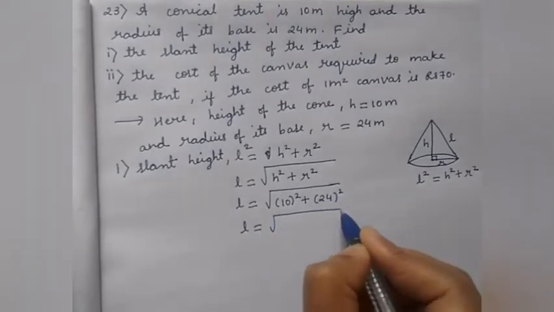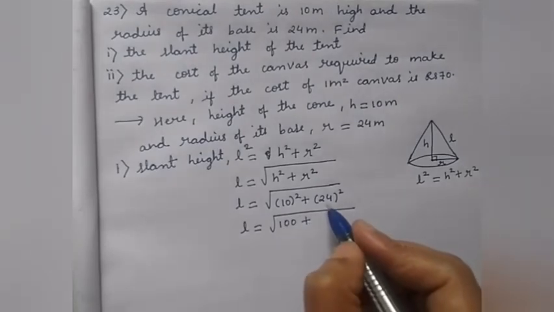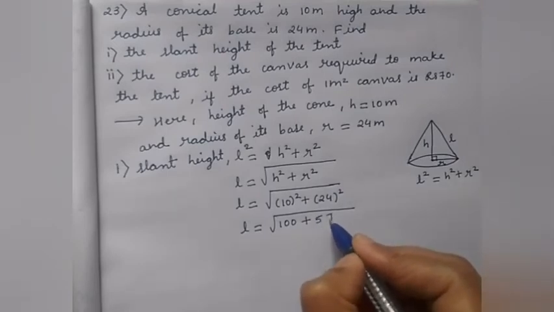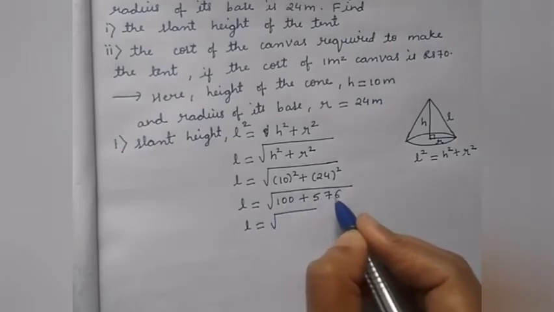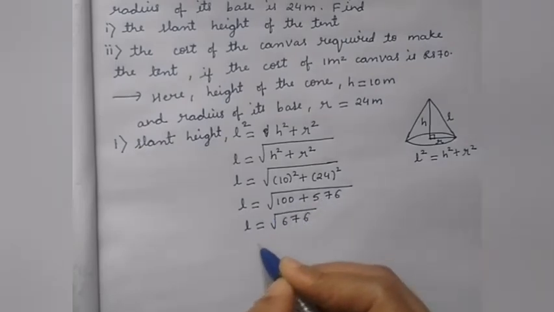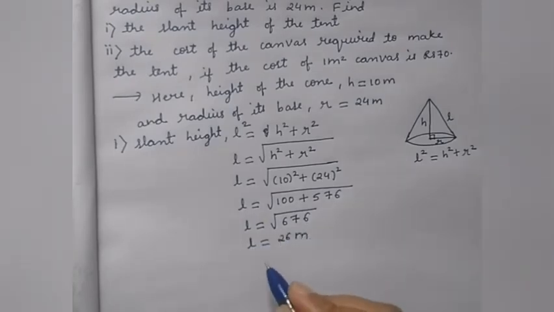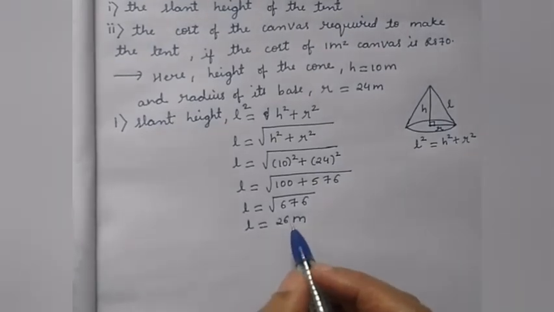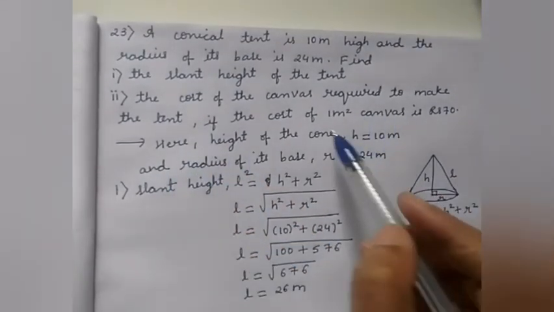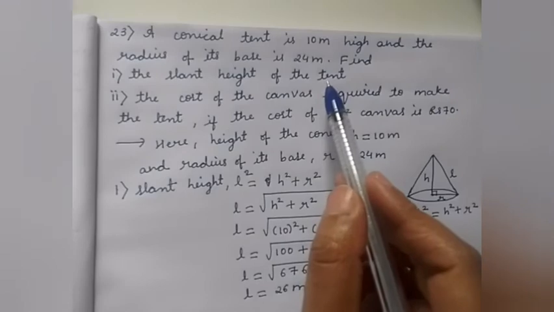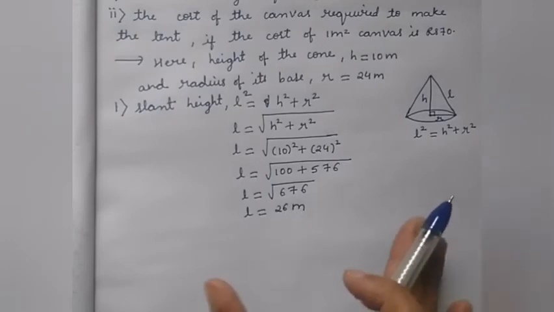Therefore L is equal to root of 10 into 10, which is 100, plus 24 into 24, which is 576. Now 100 plus 576 is 676. Now root of 676 is 26 meter. So the slant height L is equal to 26 meter. Given height and radius, we were asked to find the slant height of the conical tent, and we have obtained it is equal to 26 meter.